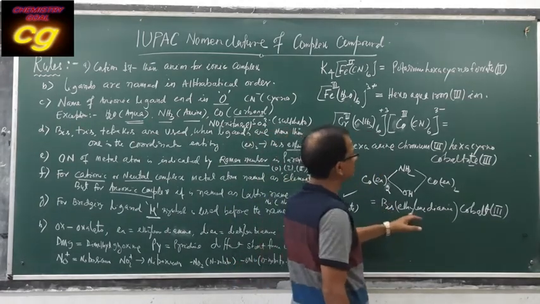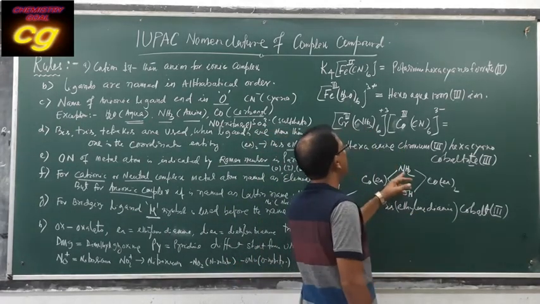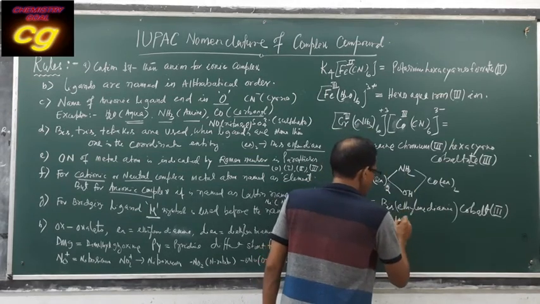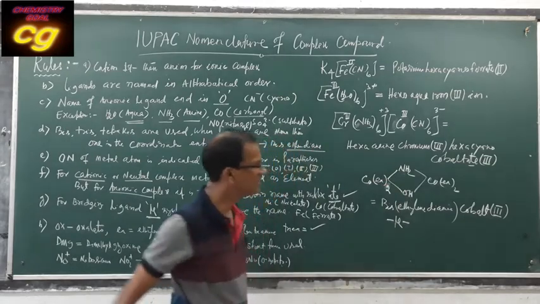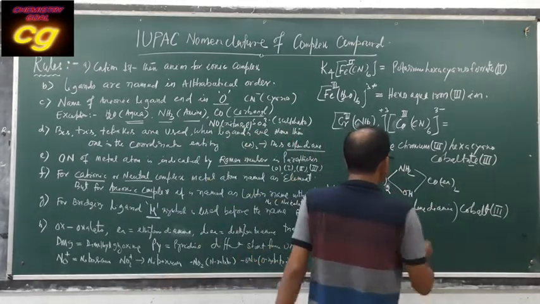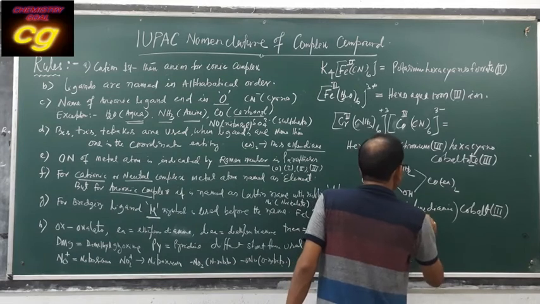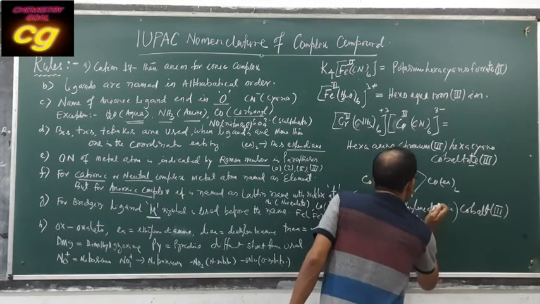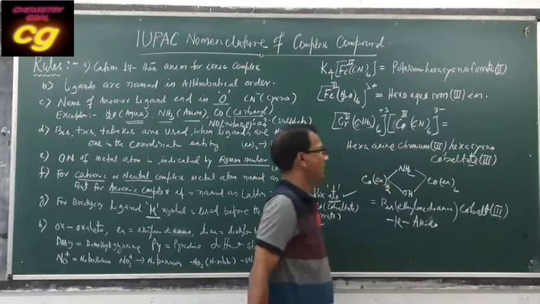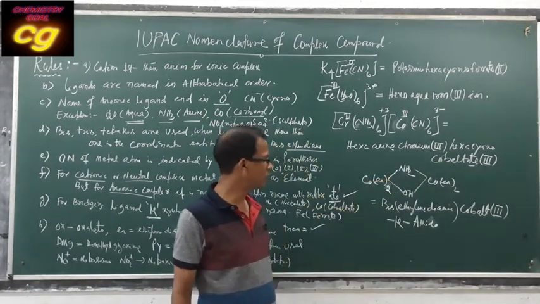So bis(ethylenediamine)cobalt(III), then this is mu. Mu is used for this compound, this is called amido. NH2 minus, that is amido.